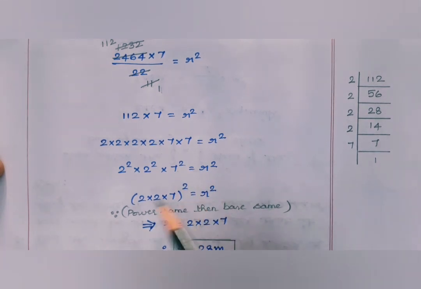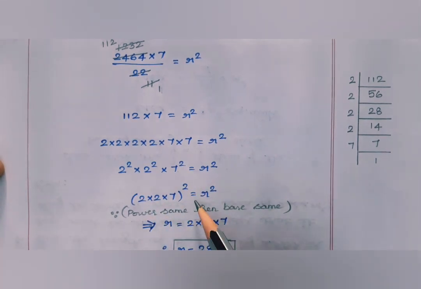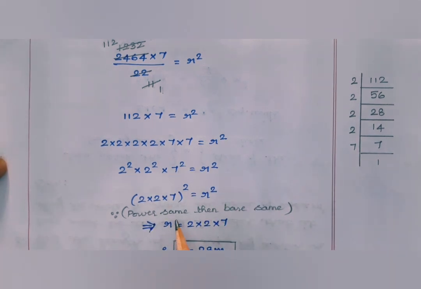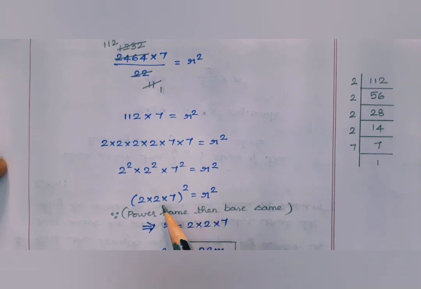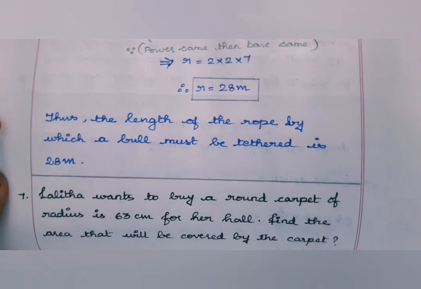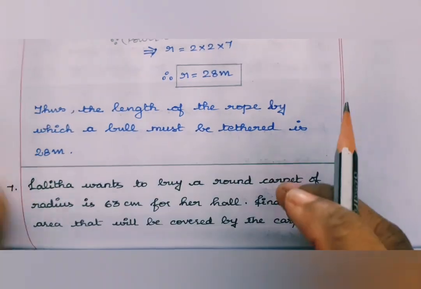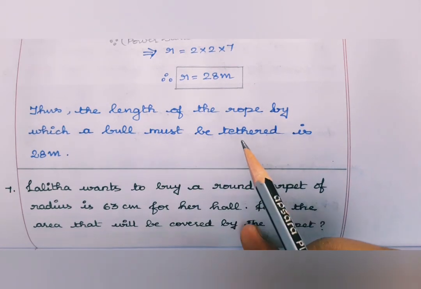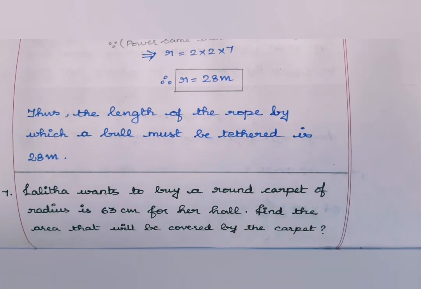So go with square, 2 into 2 into 7, the whole square is equal to r square. Since we already know that if the power is same then the base is same, we can equate the base. R is equal to 2 into 2 into 7, therefore R is equal to 28 meter. Thus the length of the rope by which a bull must be tethered is 28 meter.